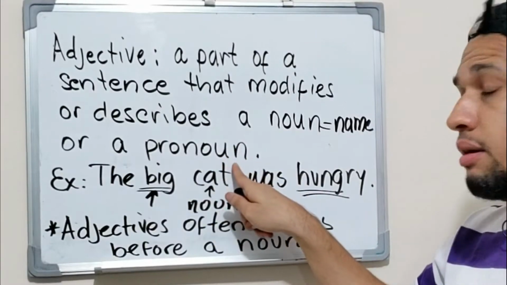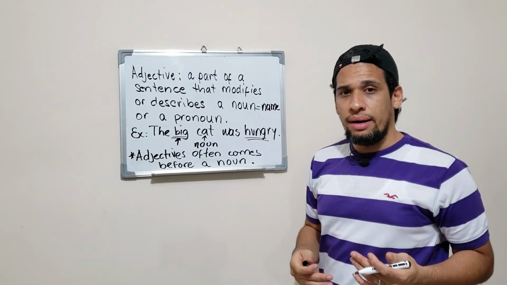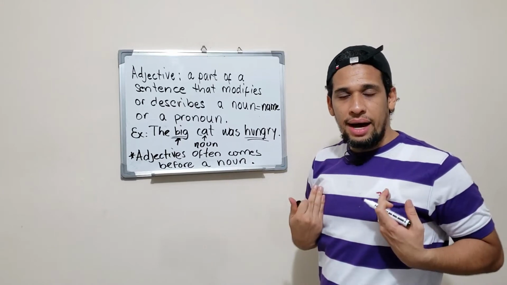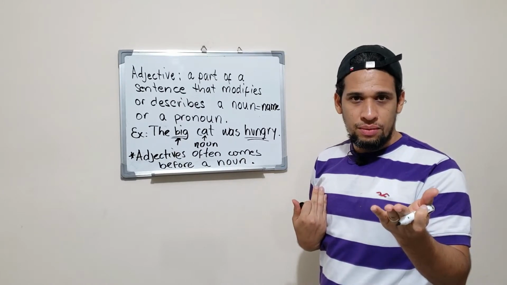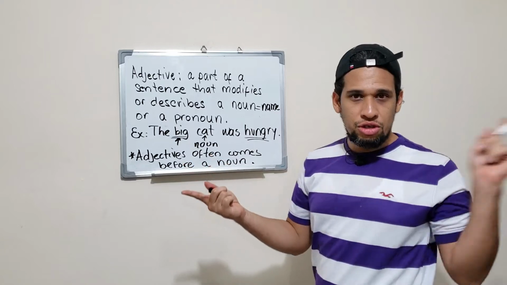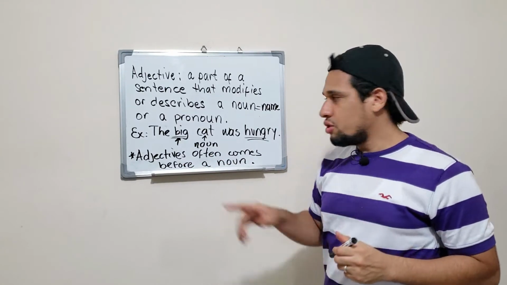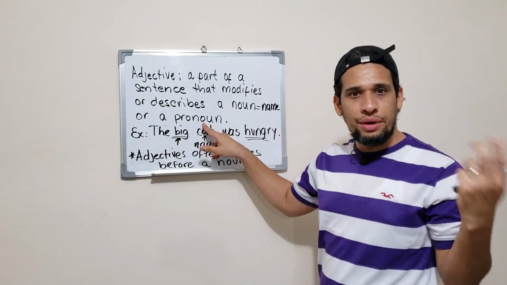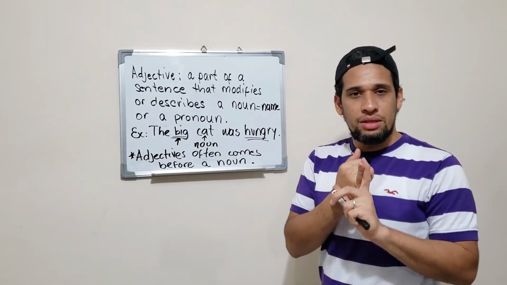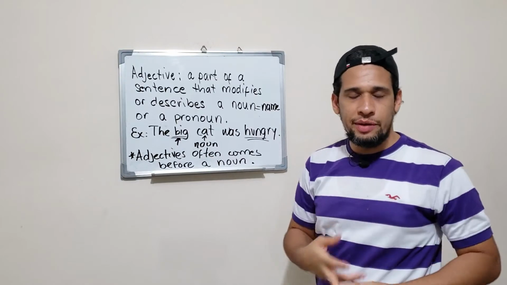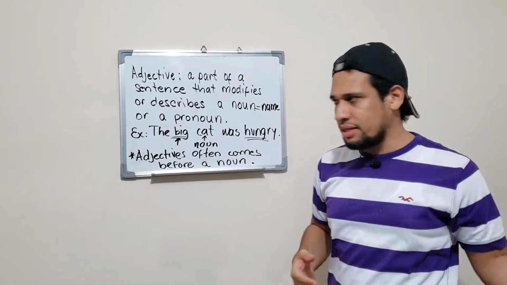Here is in singular, but pronouns are like subject pronouns when you say I, you, he, she, it. So those are pronouns. We have different subject pronouns, object pronouns, adjective pronouns, etc.